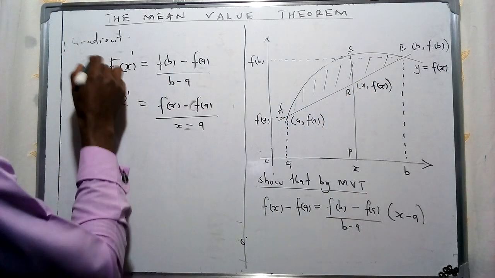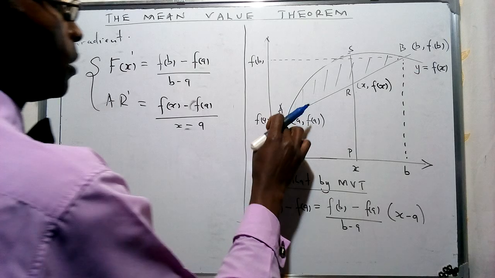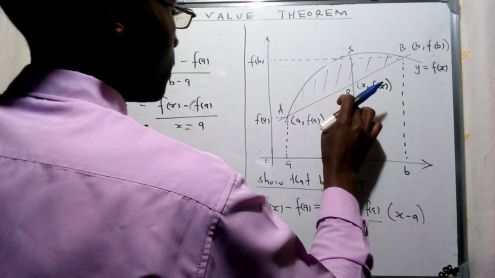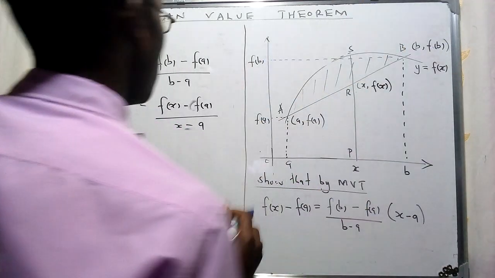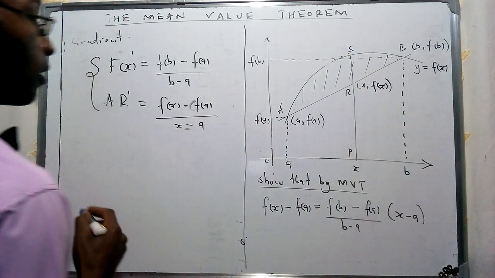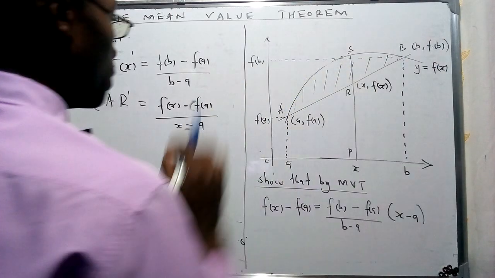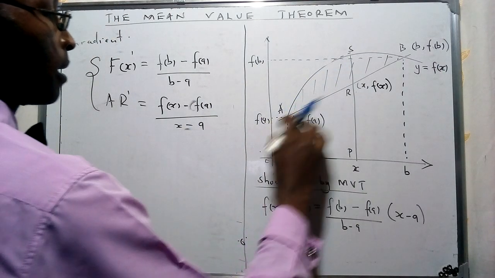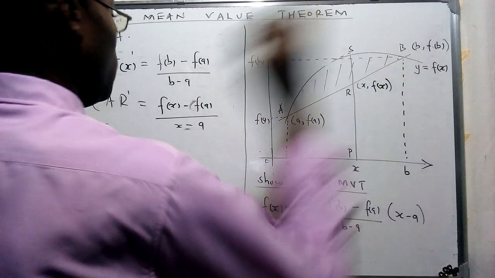So in a sense, if this is a straight line between a and b, and AR is a component of AB, then the gradients of those two lines are the same, implying that the gradient of this one is equivalent to the gradient of this.